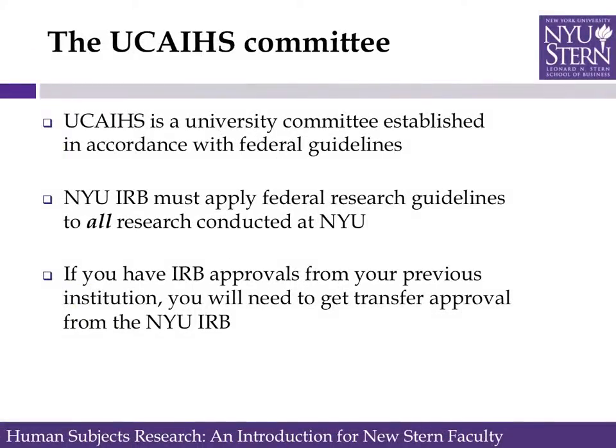The UCAIHS is a committee that's established in accordance with federal guidelines. And all research involving human subjects at NYU has to be approved by the UCAIHS, which is often referred to as the IRB. By the way, if you've received IRB approval for your research from another institution, you will need to get that approval transferred to the NYU IRB, which is pretty straightforward.